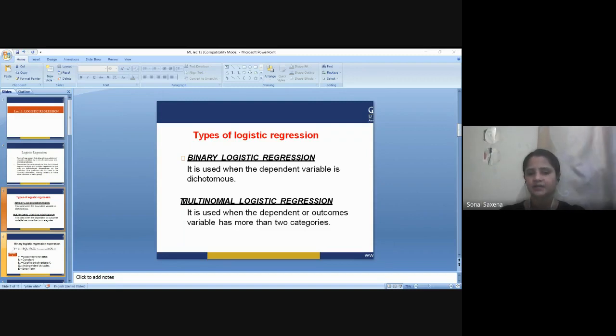Now, a classification algorithm would label the example with one of these chosen categories. So this is the basic difference between regression and classification techniques. Now, as I've told you, logistic regression is a classification algorithm. It is used when the value of the target variable is categorical in nature, right?